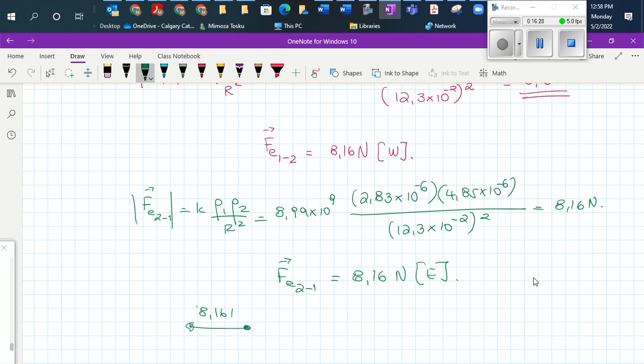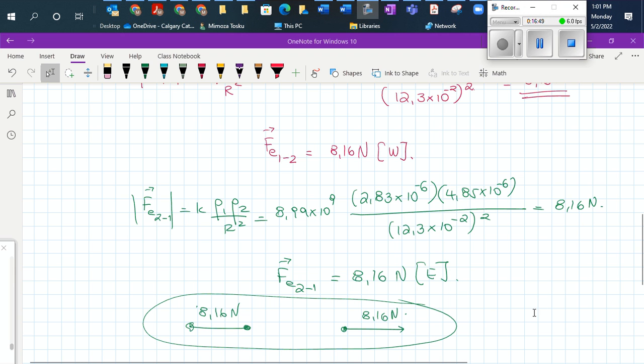Now, the question that I have for you is, since those two forces have the same magnitude, 8.16 newtons, and opposite direction, because they are repelling each other, and even when they are attracting each other, they will be in the opposite direction, how come those two forces do not cancel each other? Even though those two forces have the same magnitude and opposite direction, they do not cancel.